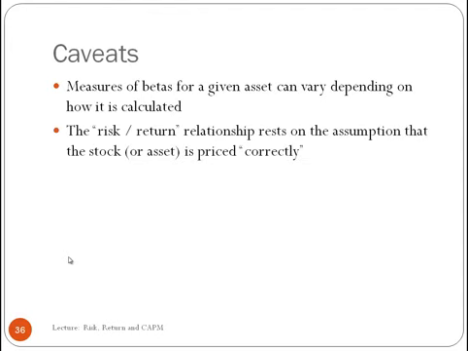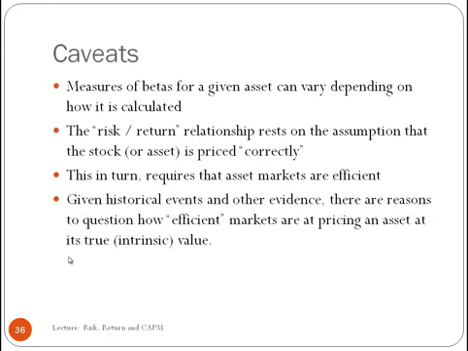Another issue is this risk-return relationship rests on the assumption that the stock or the asset is priced correctly, because we're using those prices for our historical returns calculations. And this really rests on the idea that asset markets are efficient, which we know, given recent historical events and other things, there are reasons to question how efficient markets are at pricing an asset at its true or intrinsic value.